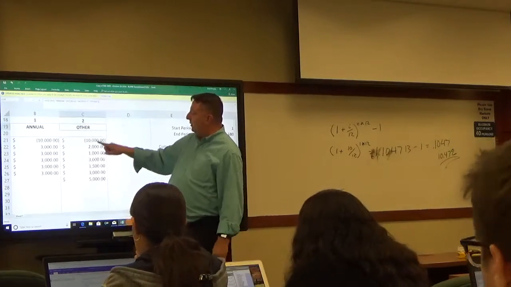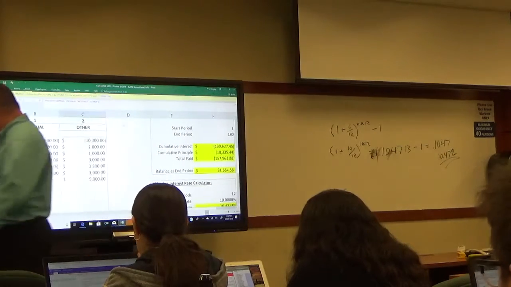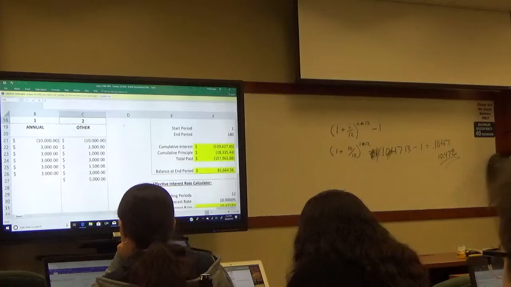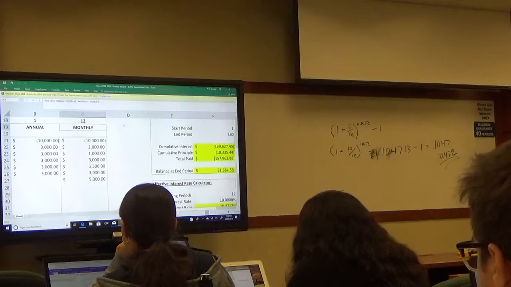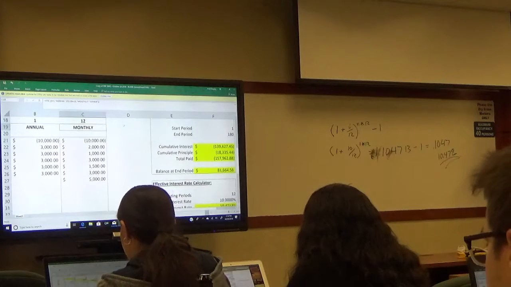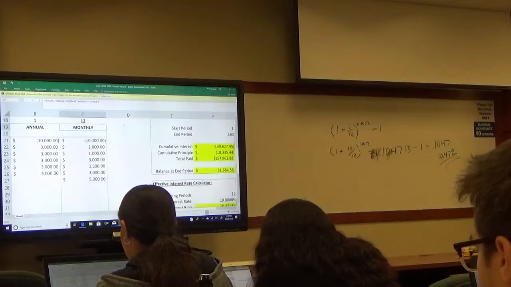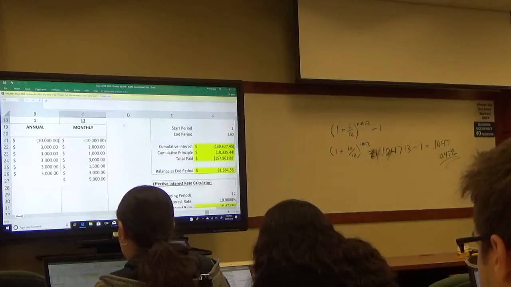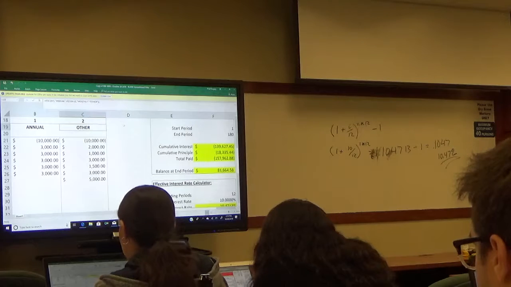If you enter 12, it changes to monthly. That's the epiphany I had as well. I was trying to remember whenever I built this thing over a year ago what I did and why I did it. And if you enter anything other than 1 or 12, like 2, it puts other.